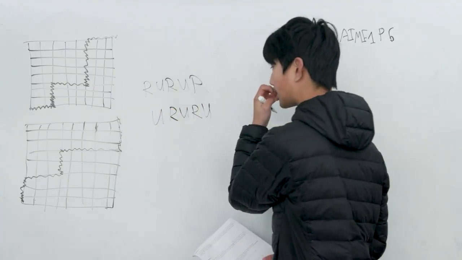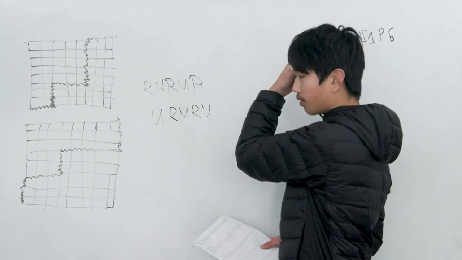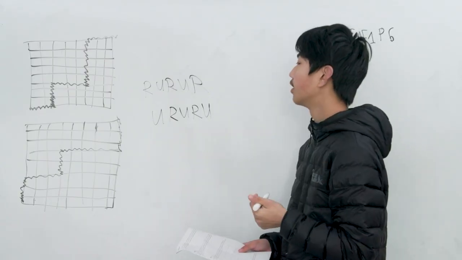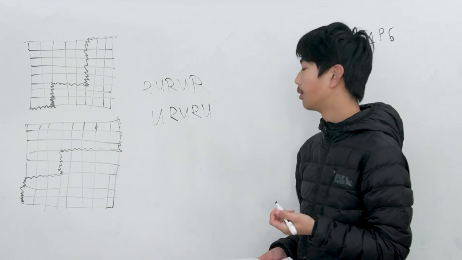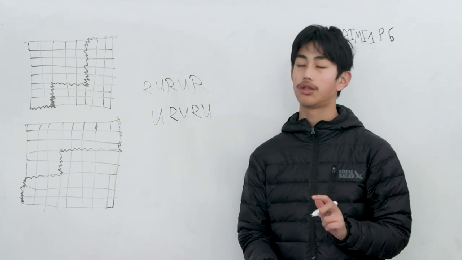These configurations result in having 4 turns. So we can just take the first case and then multiply it by 2.